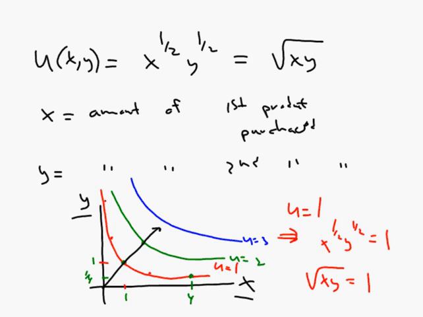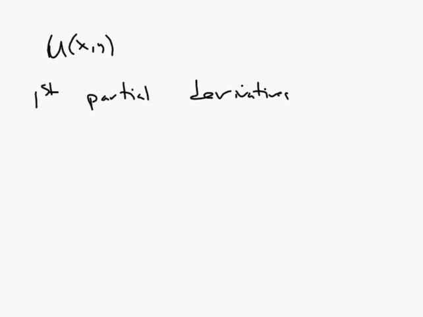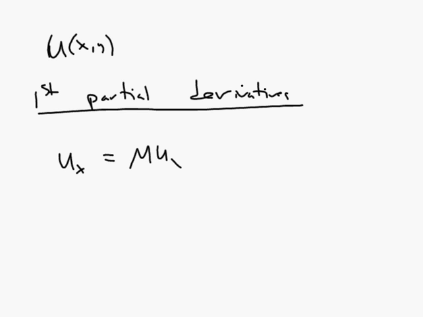All right, now just a couple of things about notation. If you have a utility curve like this, u of x, y, then the first partial derivatives have special names. These come from economics, and other places too. We call the first derivative with respect to x, you might think, ux. It's actually called MUx, which stands for the marginal utility with respect to x.